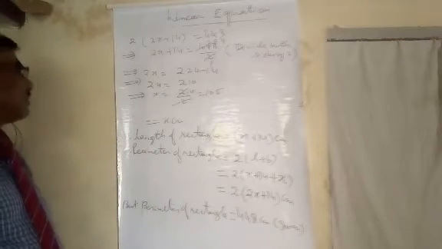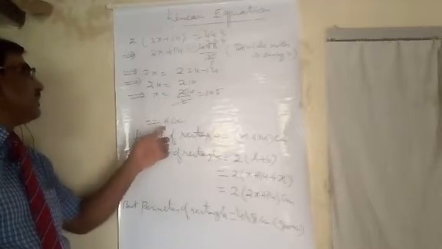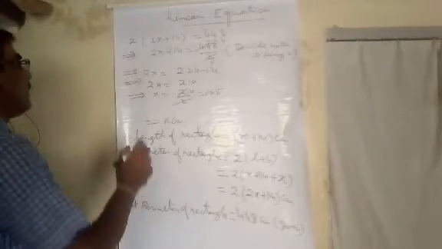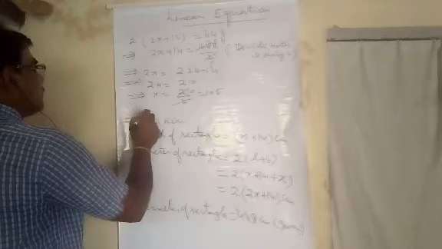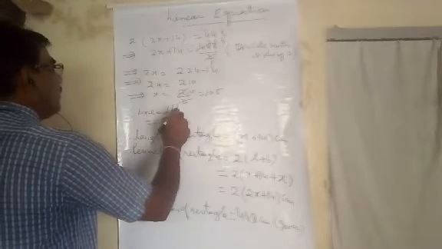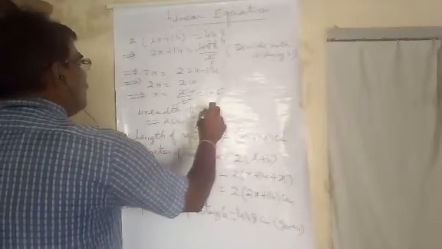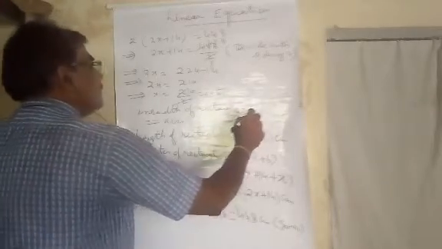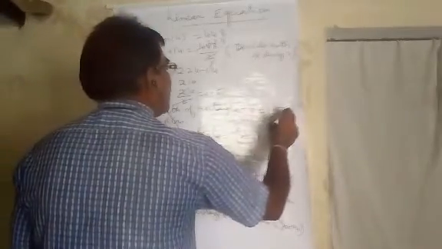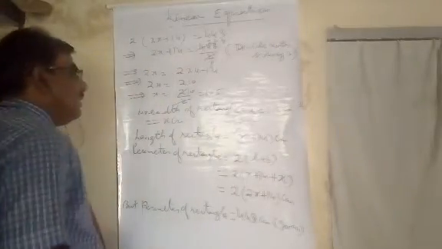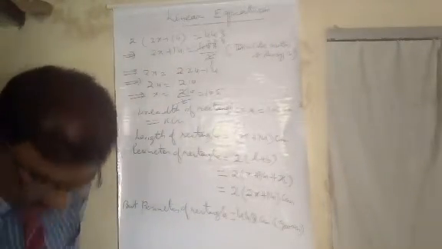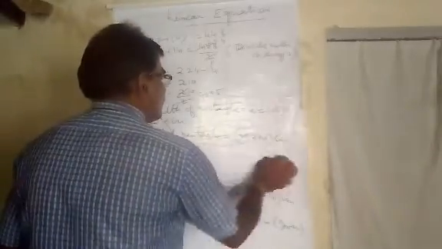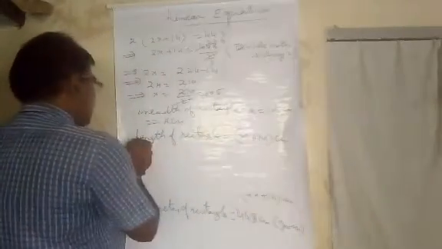What is x? X is the breadth of rectangle. Therefore, breadth of rectangle equal x equal 105 centimeter, and length of rectangle equal x plus 14 centimeter.